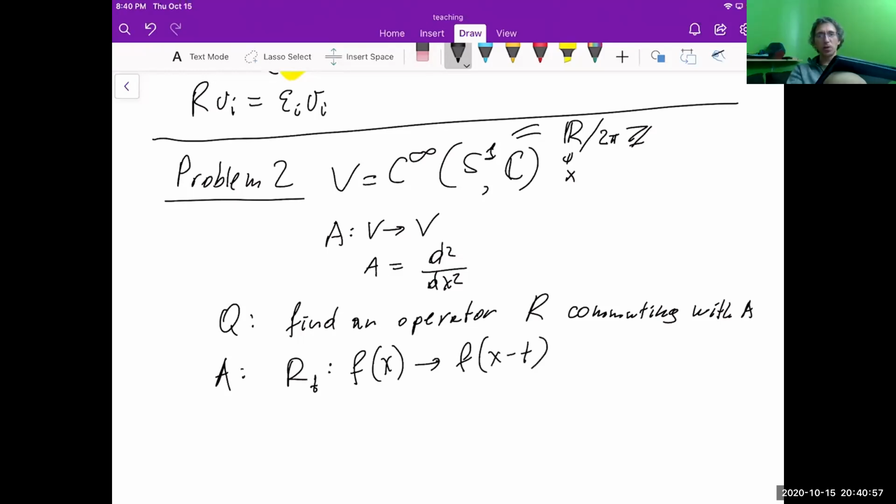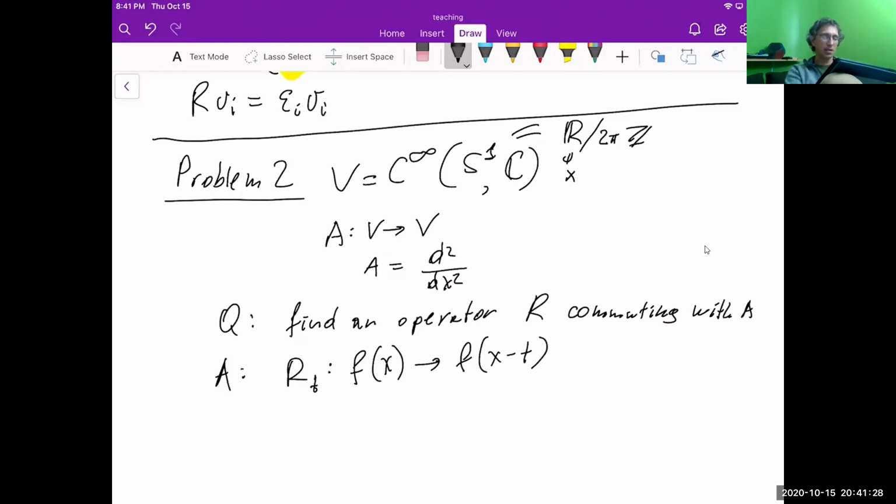So as you probably know from pre-calculus, moving the graph of the function t units to the right is equivalent to shifting the argument by minus t. Okay, but now certainly it is easy to see, for example, using the chain rule, if you must, that of course this commutes with derivatives and therefore with the second derivative.